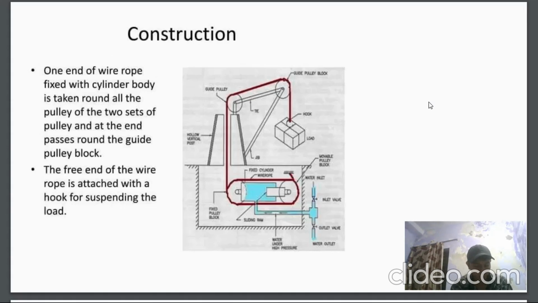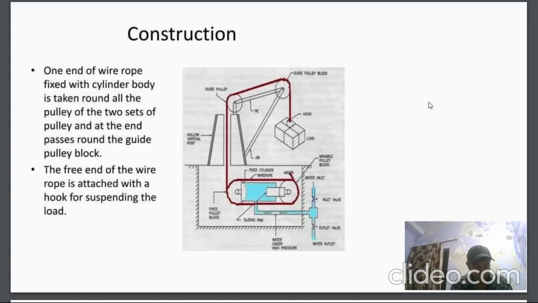A wire rope, one end of which is fixed to a movable pulley attached to the sliding ram, is taken round the two sets of pulleys and finally passed over the guide pulley attached to the jib. The other end of the rope is provided with a hook for suspending the load.